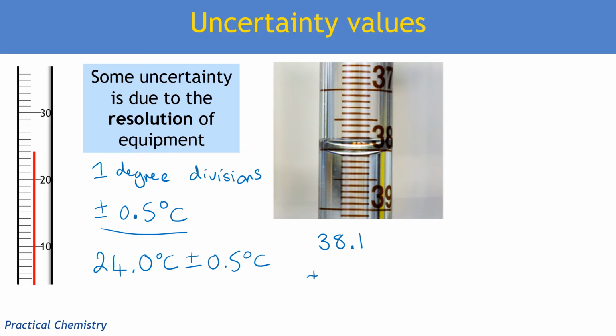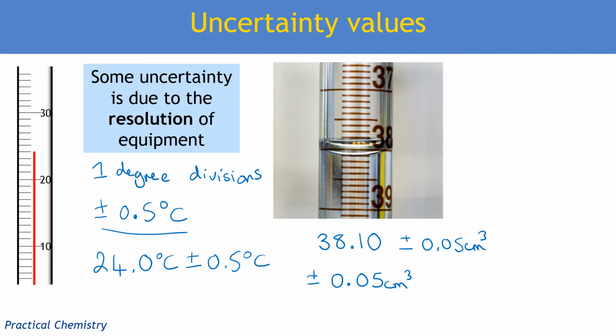So actually the accuracy here is half again. So 0.1 centimetre cubed is the division. Half the division is the uncertainty, in which case I should put a 0 there to show that I'm being more accurate, and 0.05 centimetres cubed. Okay, we'll talk about recording in a moment as well, and how it relates to results tables.